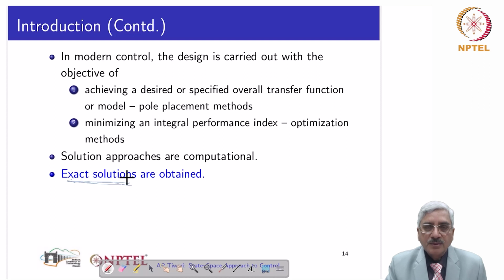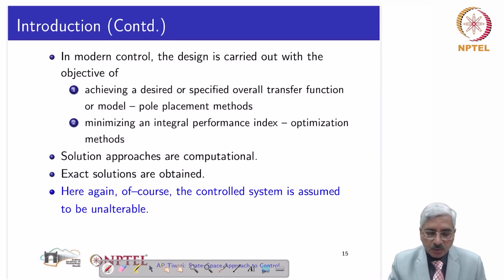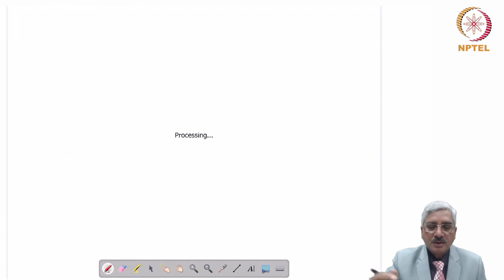In this case also, the control system is assumed to be unalterable. No changes are possible in the system which is being controlled. So everything is done for the controller. The controller is to be designed, or in the conventional approach, the compensator was to be designed.